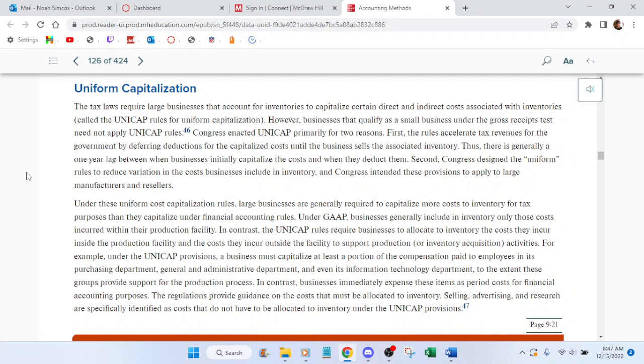Under GAAP, businesses generally include in inventory only those costs incurred within the production facility. In contrast, the UNICAP rules require businesses to allocate to inventory the costs they incur inside the production facility and the costs they incur outside the facility to support production or inventory acquisition activities. For example, under the UNICAP provisions, a business must capitalize at least a portion of the compensation.